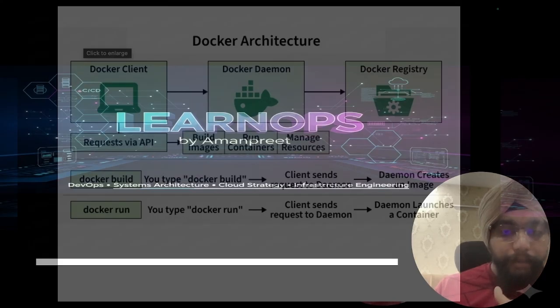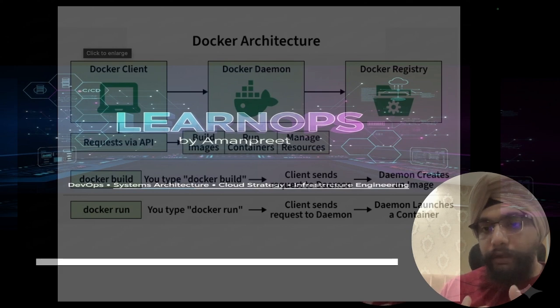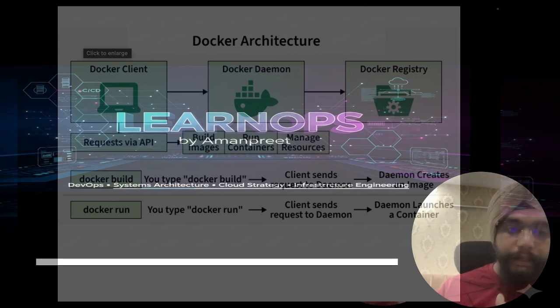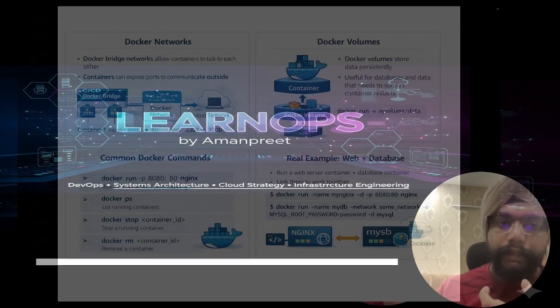When you type docker build, the client sends the request to the Docker daemon, and the Docker daemon creates an image. Similarly, when you type docker run, the Docker client sends the request to the Docker daemon, and the Docker daemon launches a container.